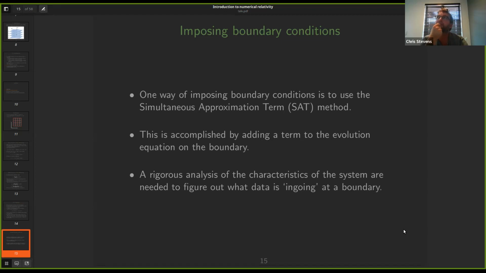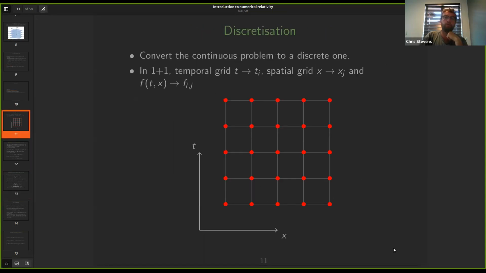If you've discretized your grid already, and on, say, the right boundary your equation has a characteristic which is moving from right to left, then on the right boundary you need to specify what's coming in, because the computational domain is not out here, and so it doesn't know what's coming in.